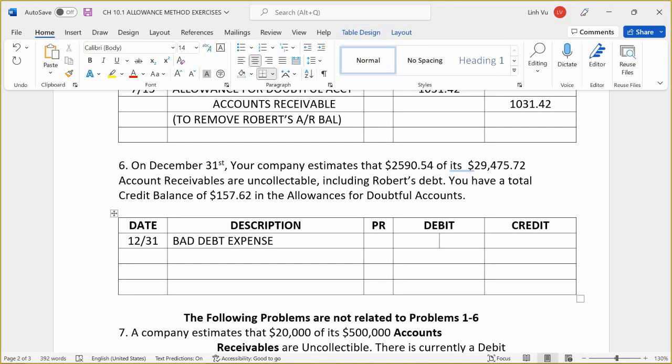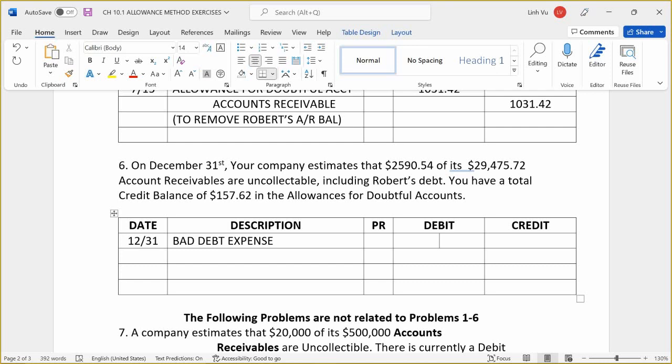Because we're using the balance sheet method, does the allowance for doubtful accounts affect the estimated amount? Yes, it does. In this case, I currently have a credit balance of $157.62 in the allowance for doubtful accounts.